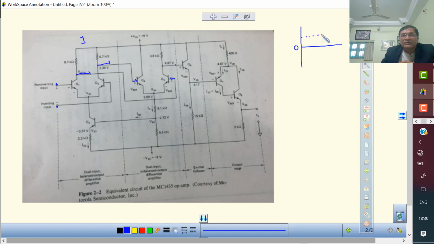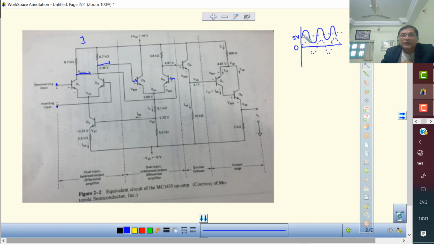Instead of getting output at 0, you are getting output with some DC component. Suppose this is 5 volt, so you are getting a swing around 5 volt, not around 0 volt. If it were like this, you could say it is at ground level. But we are getting it at 5 volt, which means it is not at ground level.